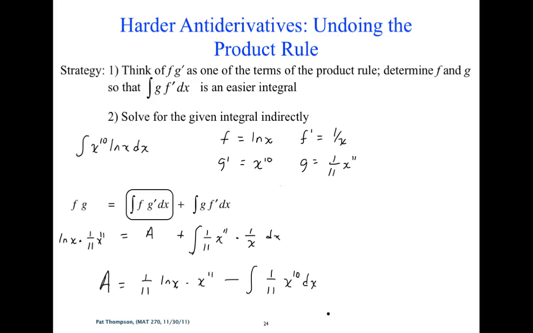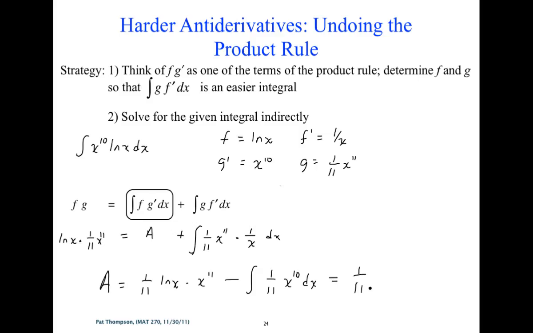Do we have to do it 10 times? No, so for these, x to the n times natural log of x, the exponent of x can be anything, and it only requires one pass at it.